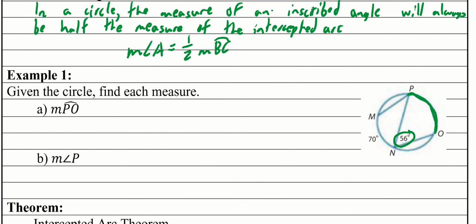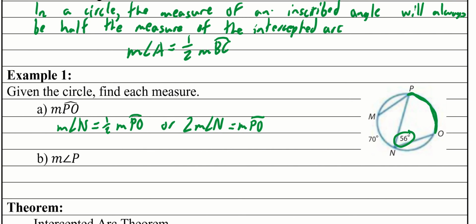So if I needed to, I could set up an equation. I could say the measure of angle N equals 1/2 the measure of arc PO, if I'm just using that exact theorem that we just wrote down. Or in other words, if we want to swap this around, like I just mentioned, if I double or multiply the measure of angle N by 2, that's going to equal the measure of arc PO here.